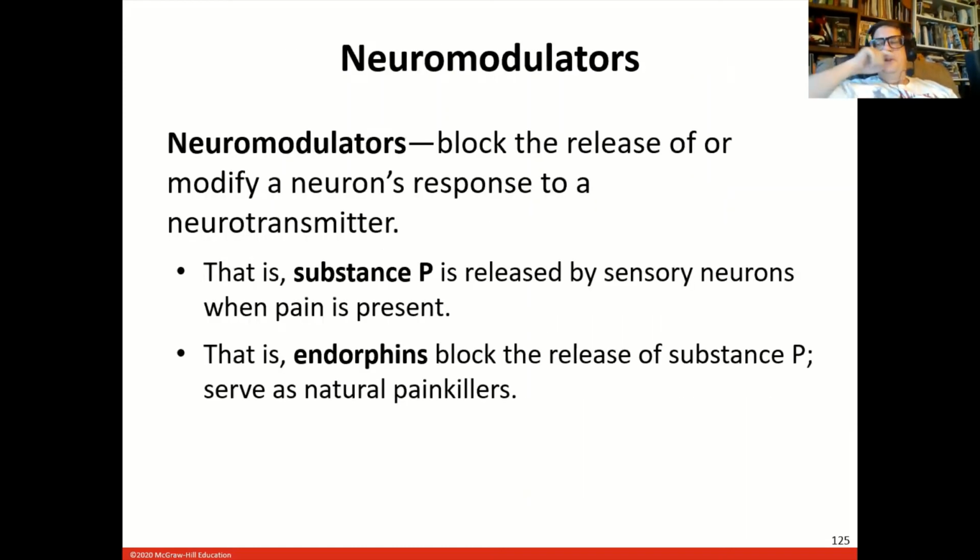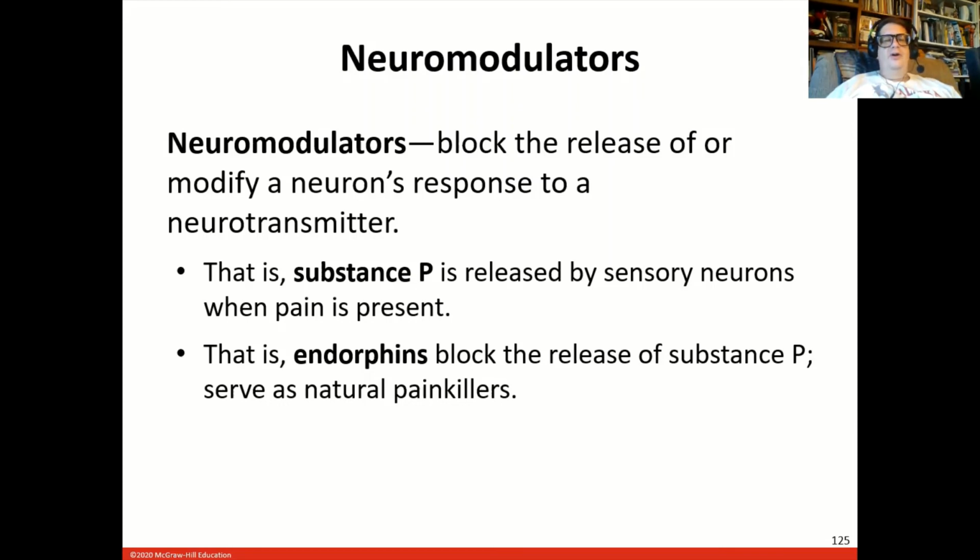All right, so neuromodulators are chemicals that block the release of a neurotransmitter or modify how neurons respond to a neurotransmitter. An example of that, well, the book is calling it Substance P. I'm sure it has a real name, but it is released by sensory neurons when there's pain.